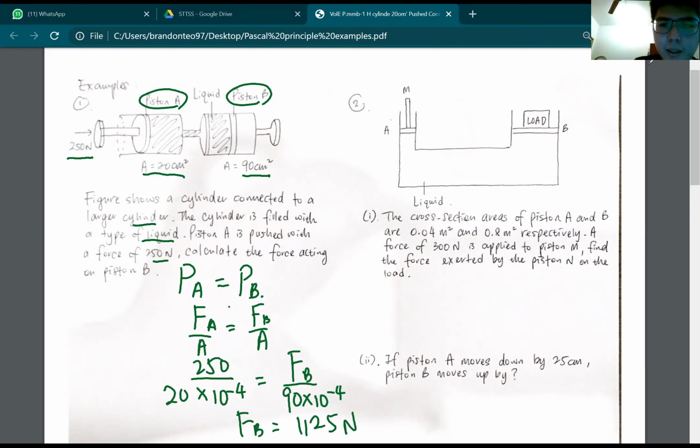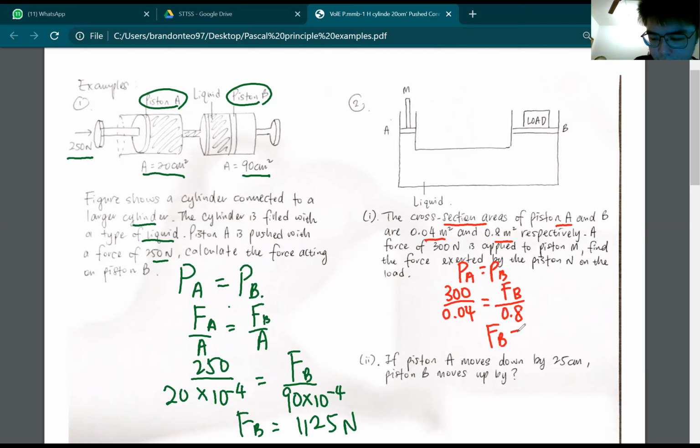Okay, the second question, 2E. The cross-section areas of piston A and piston B are 0.04 and 0.8. A force of 300 N is applied to piston M. Find the force exerted by piston N. Okay, same method. PA equals PB, so you have 300 divided by the area 0.04 equals FB over 0.8.